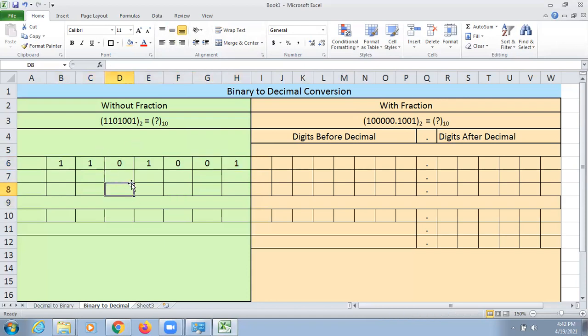Now we have to multiply all these numbers with 2 raised to a power, starting from the backside. We have to multiply it with 2 raised to power 0.